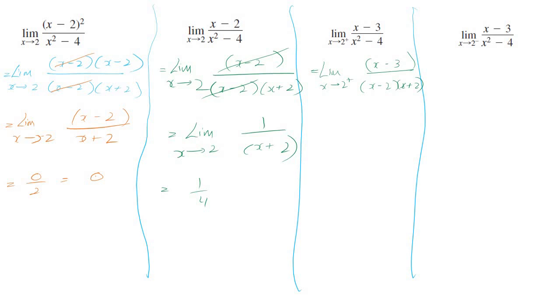So unfortunately we cannot cancel any of these. Because we can't cancel any of these, and when you substitute 2 in the positive direction, one of these tends to 0, this limit is not defined, so it goes to infinity. The function is not defined at x equals 2. So let's look at the next question.